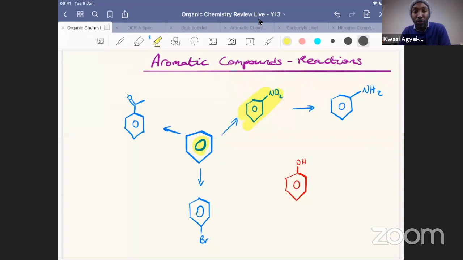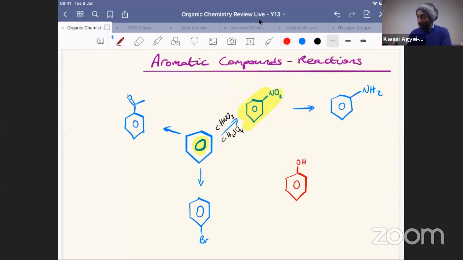So we've got nitrobenzene, and in order to form nitrobenzene, of course, you will need to have concentrated nitric acid, and you do need concentrated sulfuric acid. Okay, and why is that? Because you need to form this nitrating mixture where NO2+ is the electrophile formed. Okay, so those are the conditions required.